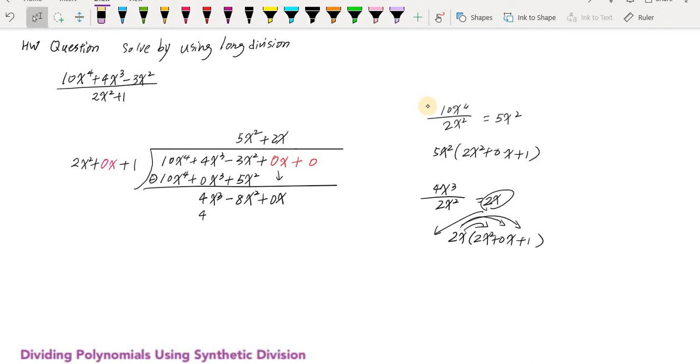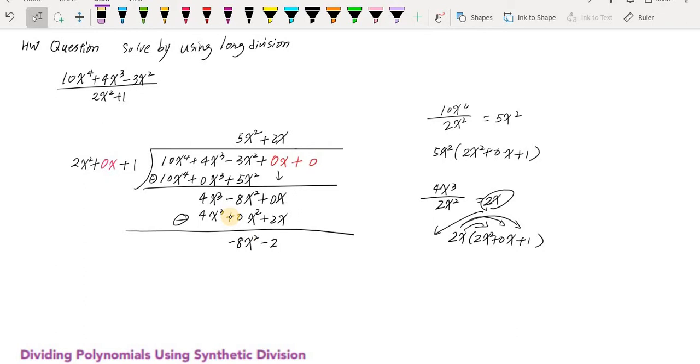That will be 4x to the third power plus 0x and then plus 2x. I know it's a little bit more complicated, but you just need a little bit of patience to practice. And then we're going to subtract again. So here we're going to have negative 8 subtract 0. So that is actually 0x squared. Then that will be negative 8x squared. And then 0 subtract 2.